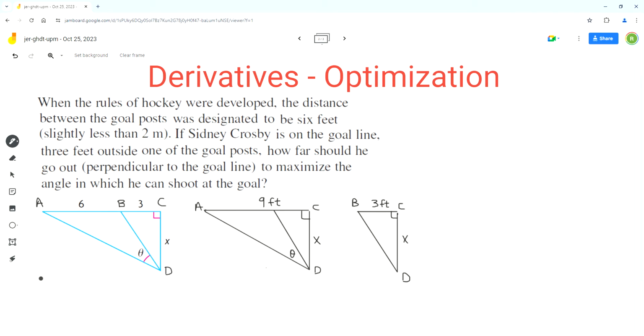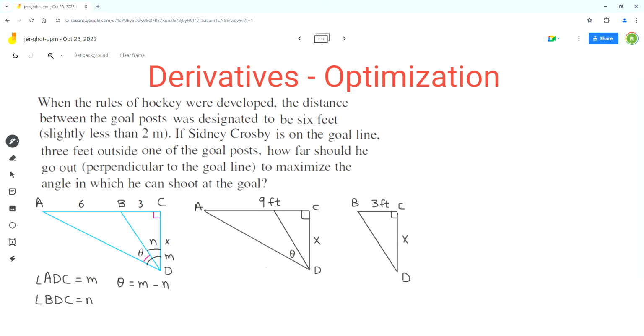So let's assume angle ADC is equal to M and angle BDC is equal to angle N. So we can write theta in terms of M and N as theta equals M minus N. Angle M is this full angle here and angle N is this smaller angle.